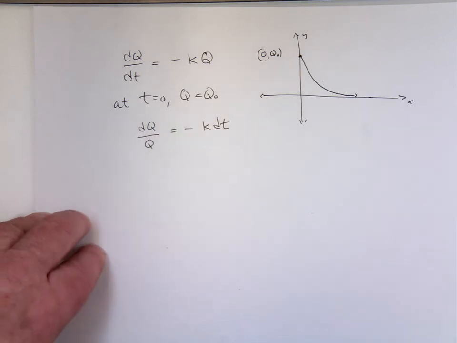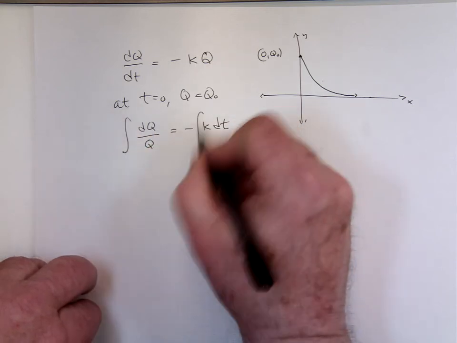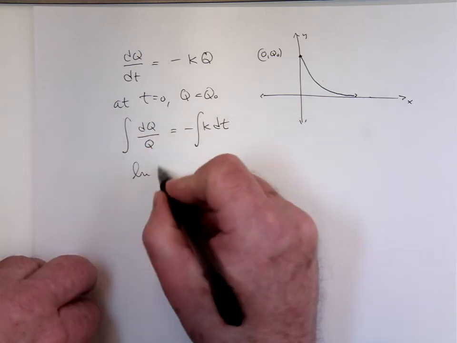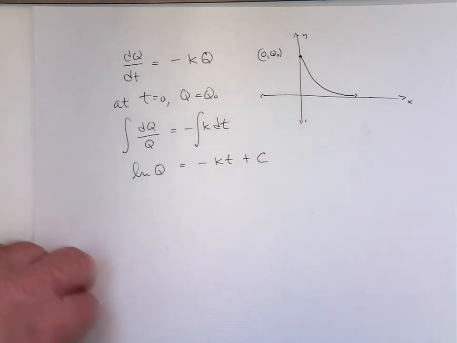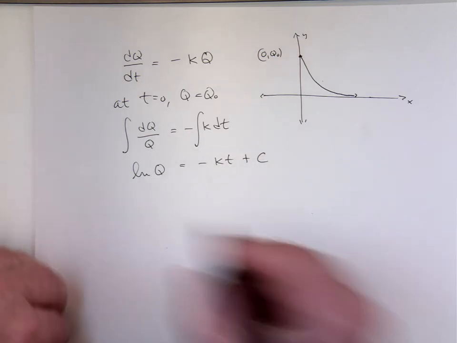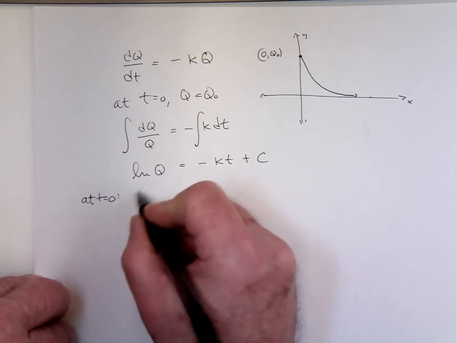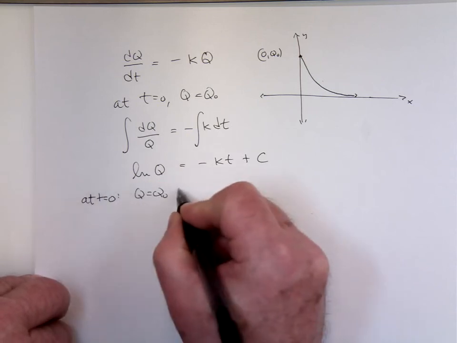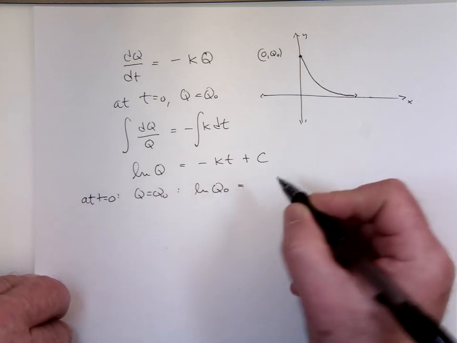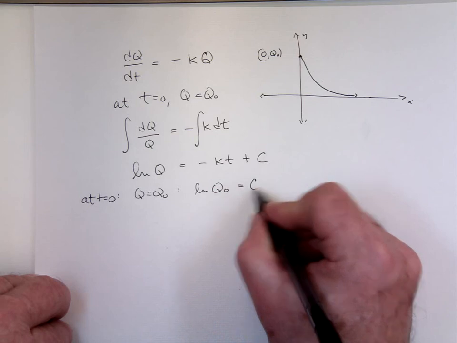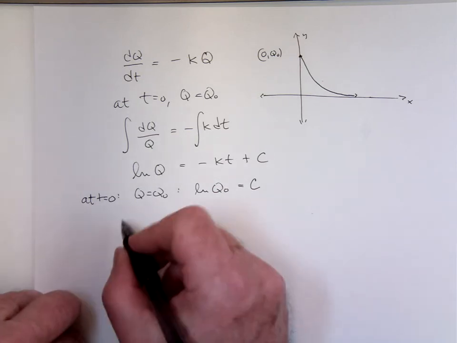Natural log of q is equal to negative kt plus c. And again, at t equals 0, q is q sub naught. So you get the natural log of q sub naught is equal to, this is 0, c. So natural log of q is equal to negative kt plus natural log of q sub naught.